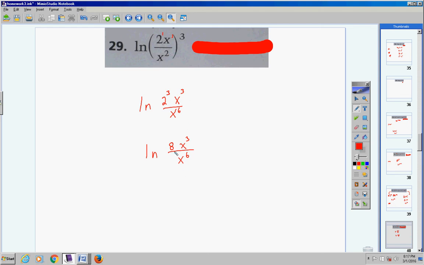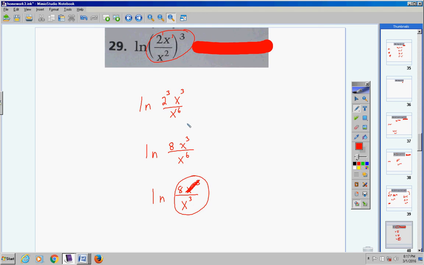If I'm dividing like bases, you write the like base up top, x and x, and you subtract 3 minus 6 is negative 3. Now we don't want that negative exponent, so bring this down to the denominator, and it becomes x to the positive 3. So this really big expression for the argument now became this.